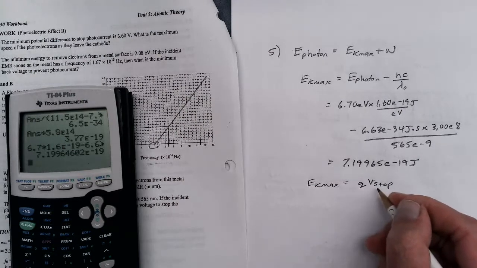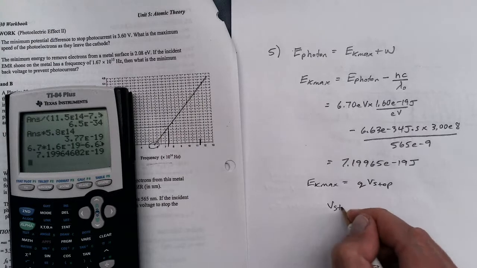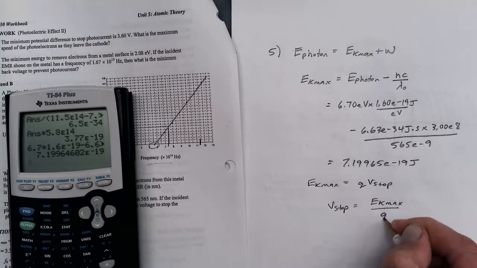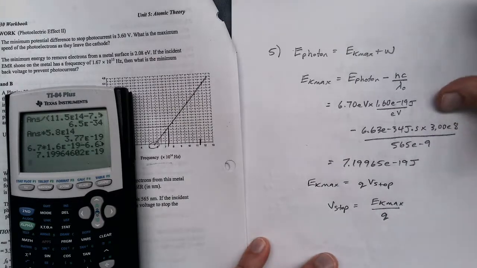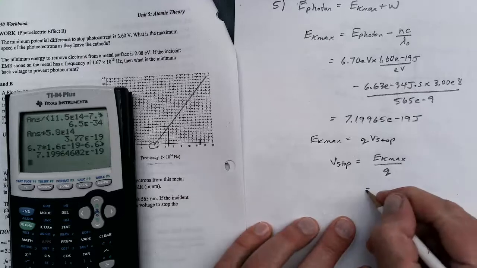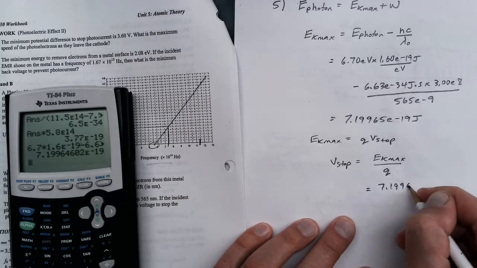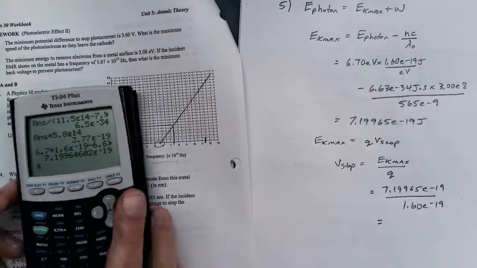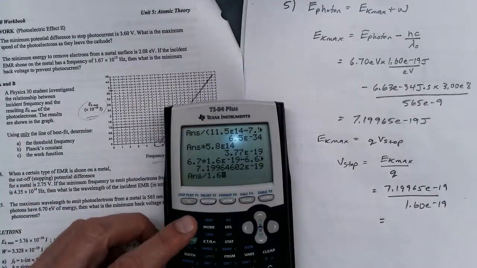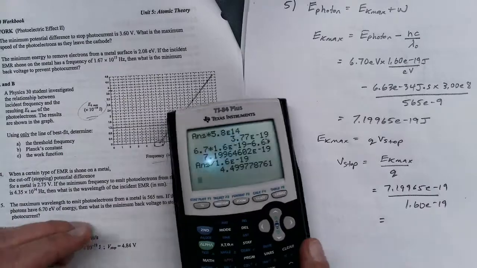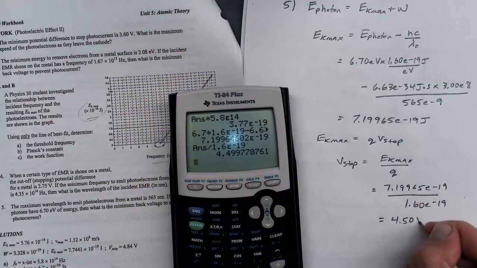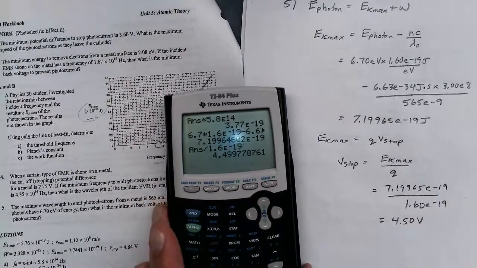And so right now we can just calculate the stopping voltage by taking EK max and dividing it by Q. Just a little more space down here, and let's get that done. 7.19965 E negative 19 divided by 1.6 E negative 19, the charge of an electron. All right, 4.499. So again, 4.50 volts. All right, thank you for joining me with that.